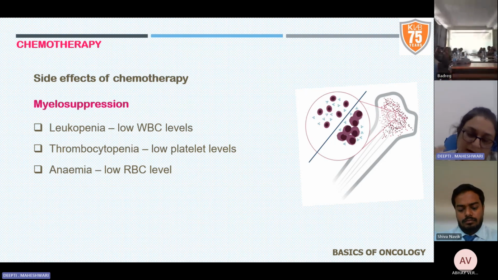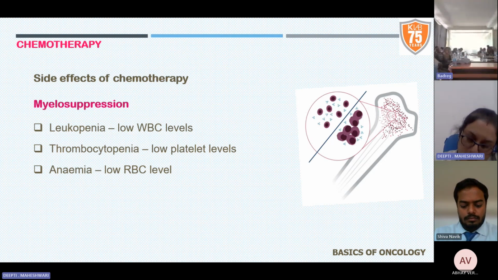A medical oncologist can anyway treat both. Hematological malignancy can be treated by the hemato-oncologist. A radiation oncologist can also treat solid tumors and hematological malignancies, but with radiation, right? So you need to understand all of them can do this, but their specific roles are there, right?